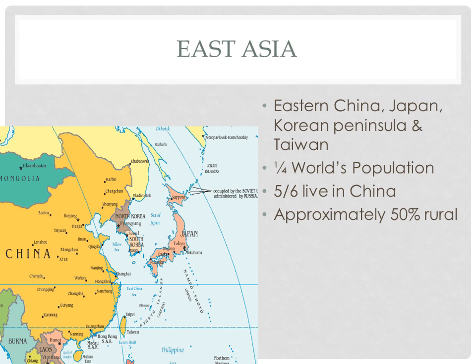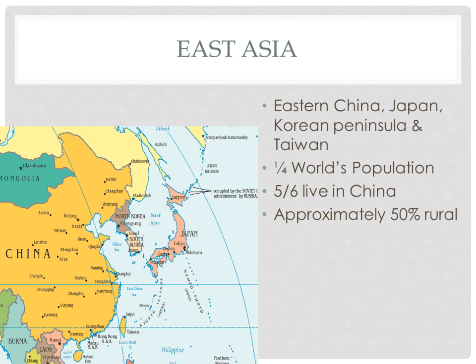And it shouldn't come as a surprise to anyone, but the vast majority of that population lives in China. And this particular agglomeration is about 50% rural. When we say rural, we're talking about living in the countryside. So about half the people in this agglomeration are living in the countryside.